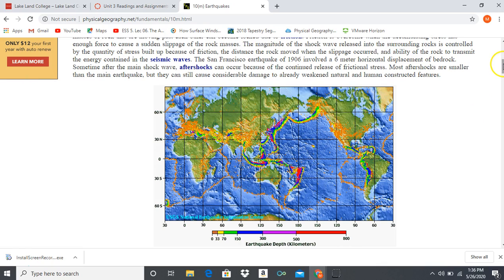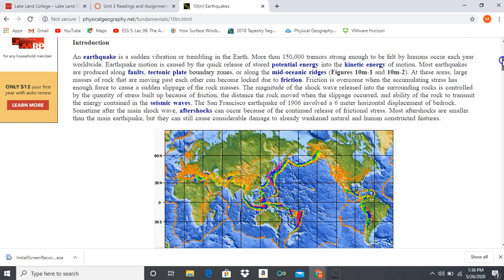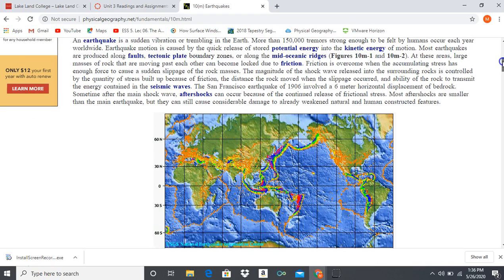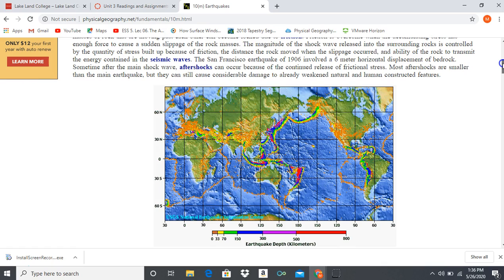And there's a variety of ways that we talk about them in terms of measuring their strength, how deep they are, and the energy that travels when the plates slide by one another.